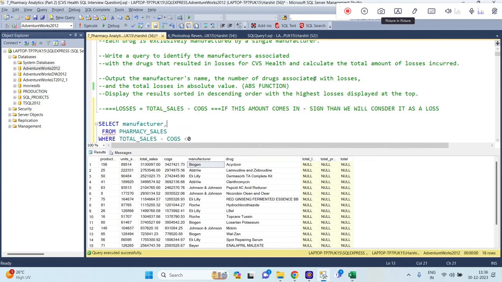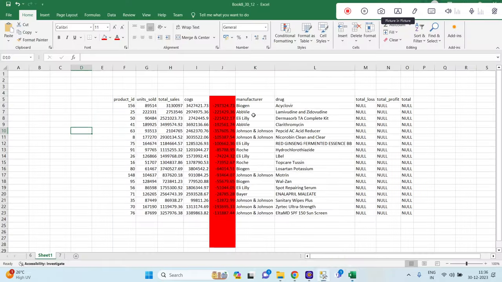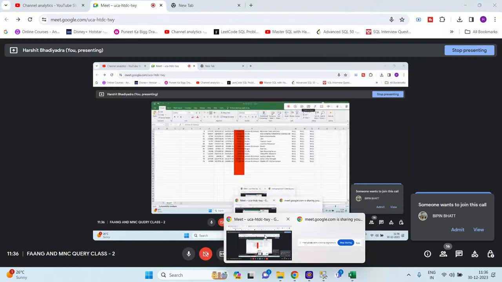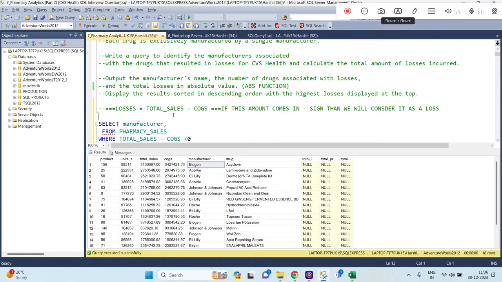We require the number of drugs associated with the losses. So if you see over here, this manufacturer Johnson and Johnson is coming 1, 2, 3, 4, 5, and 6. Six times it is coming, right? This manufacturer is coming six times.